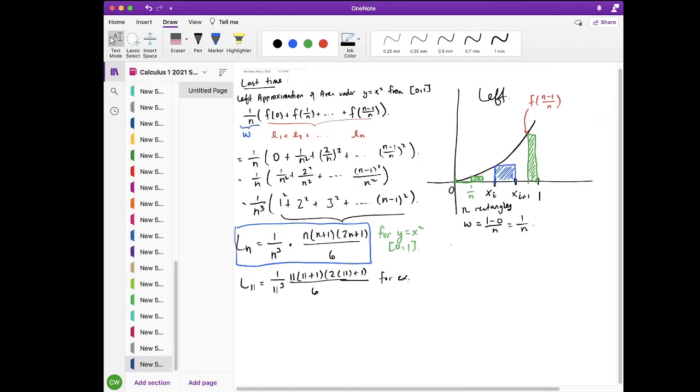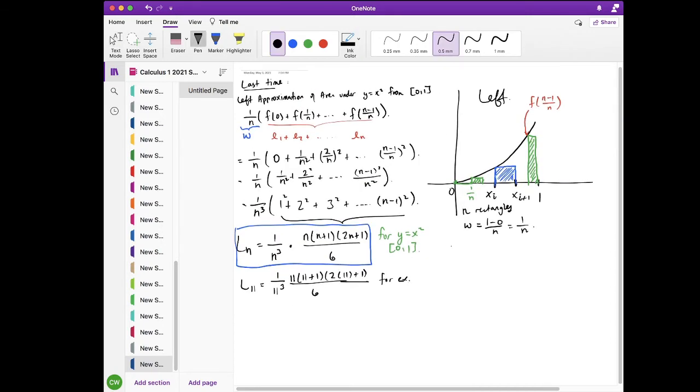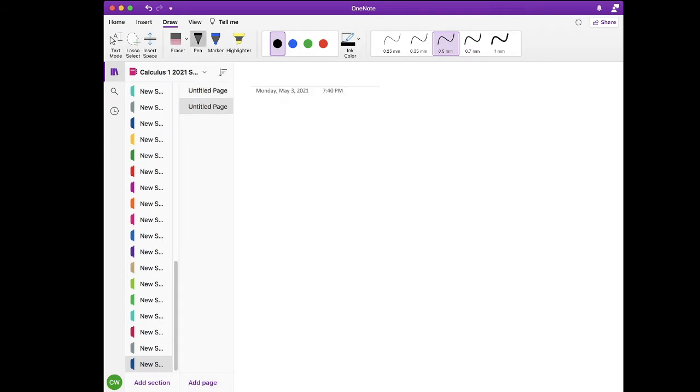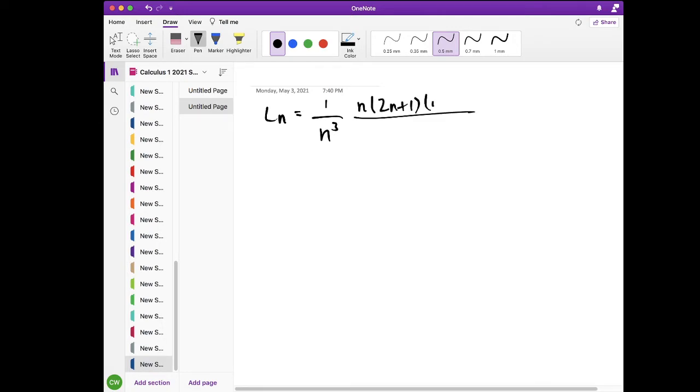Okay, so now what we can do is see what happens if we increase the number of rectangles up to infinity. I'm going to rewrite L of n. L of n we found was 1 over n cubed, and n, 2n plus 1, n plus 1 over 6. So the n's cancel, and if we distribute, we have 2n squared plus 3n plus 1 over 6n squared.